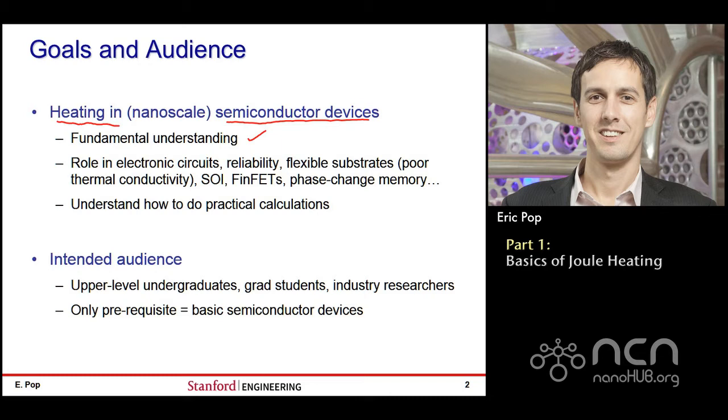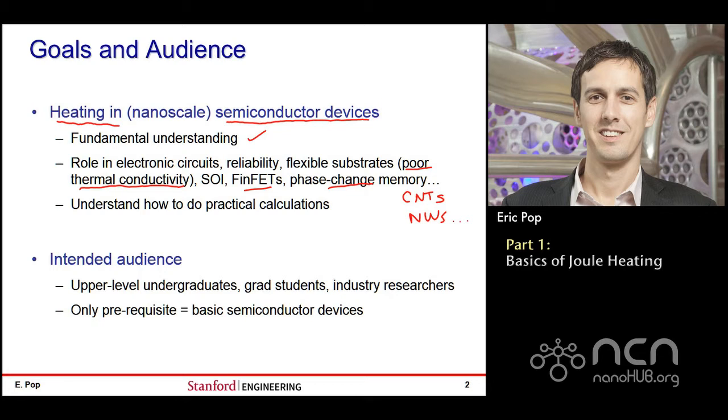And I'd also like to touch upon the role of heating in electronic circuits, of course, in terms of reliability, the role on flexible substrates, which, for example, have poor thermal conductivity. And also, we will briefly touch upon the role of heating in devices such as SOI, modern devices like FinFETs, the role in phase change memory, carbon nanotubes, I should add, a little bit in nanowires, and so on.